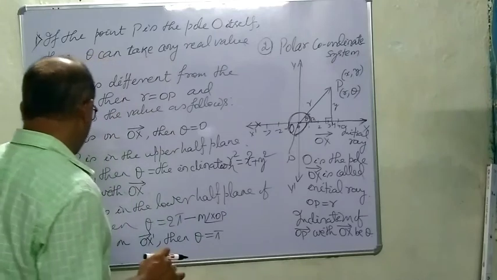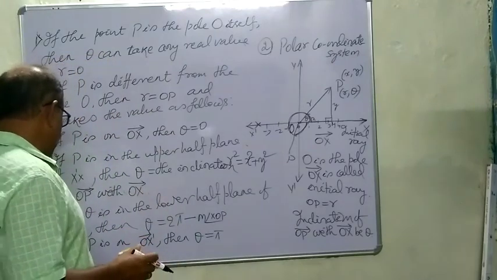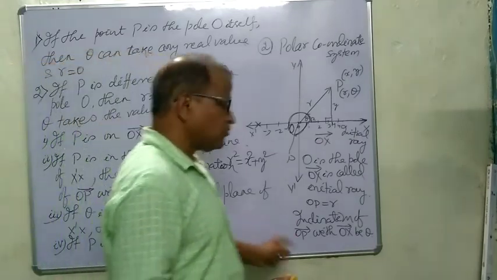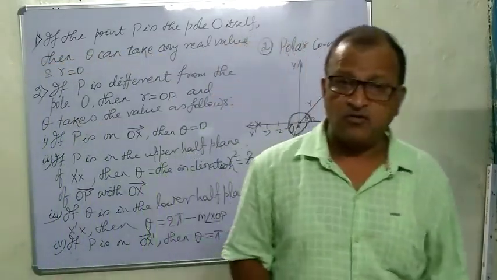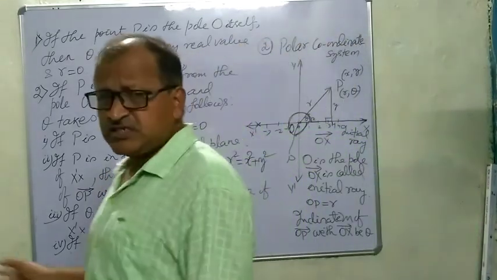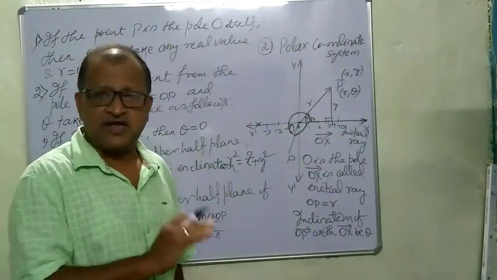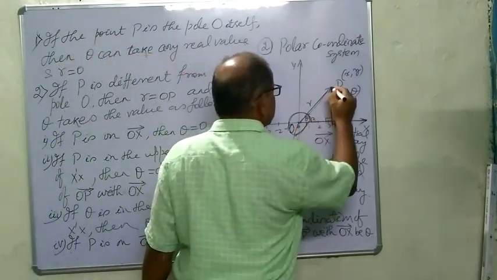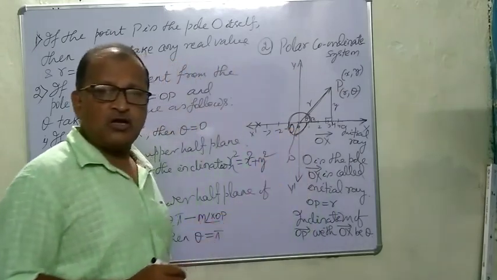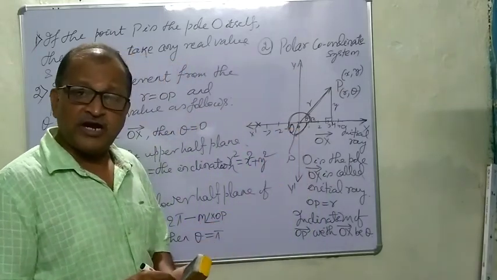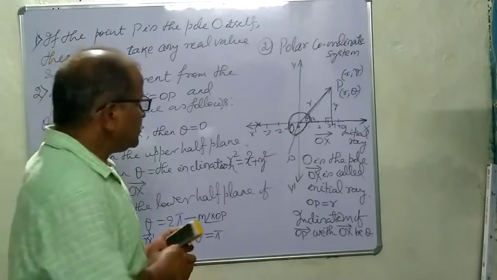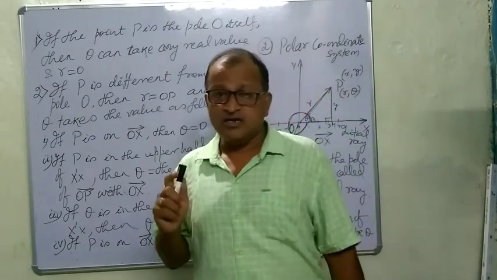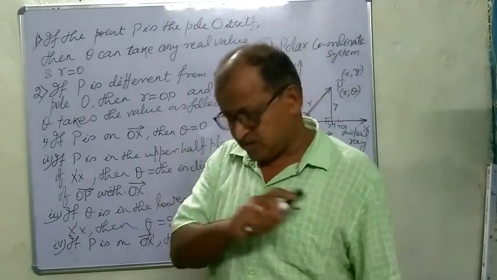If it is below the x-axis, then theta will be taken as 2 pi minus the measure of angle XOP. So this is how we can determine theta. And r represents the distance of the point from the pole. So this is your polar coordinate system. With the polar coordinate system and the Cartesian coordinate system, we will define the trigonometric functions.